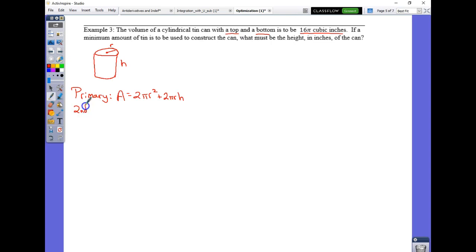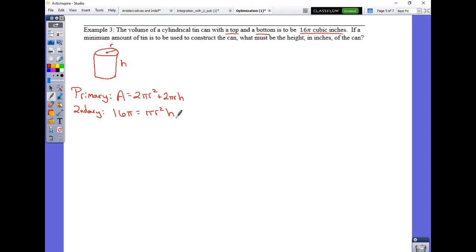The secondary equation we're looking at is the fact that we know that the volume, 16 pi, is supposed to be pi r squared h. If the minimum amount of tin is to be used, what must the height of the can in inches be?